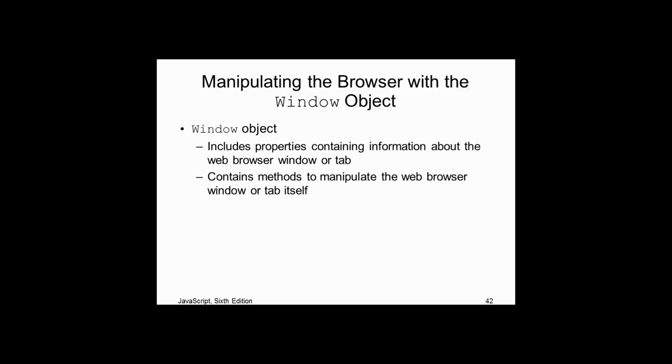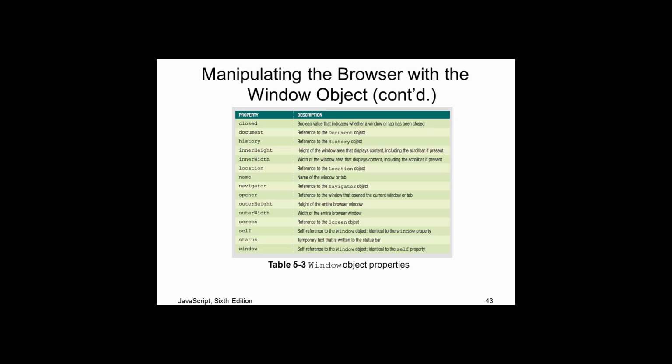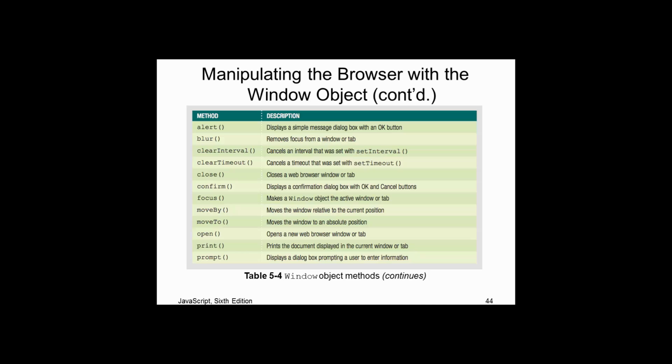You don't have to say window dot, you could just say the method name. These are a list of properties, and here are a list of window methods. A lot of these we're going to use. For example, we already have used alert a whole bunch. Window.blur removes focus from a window or tab.